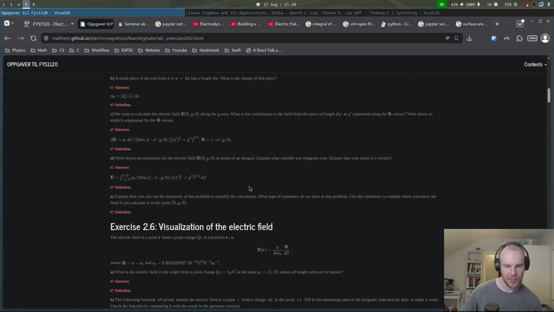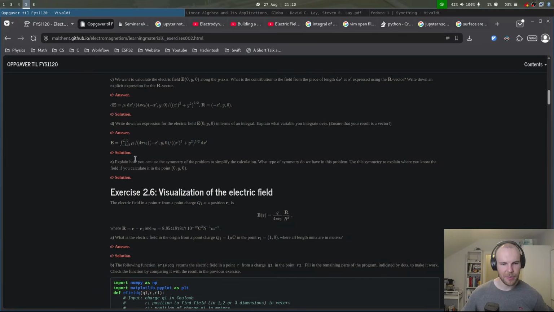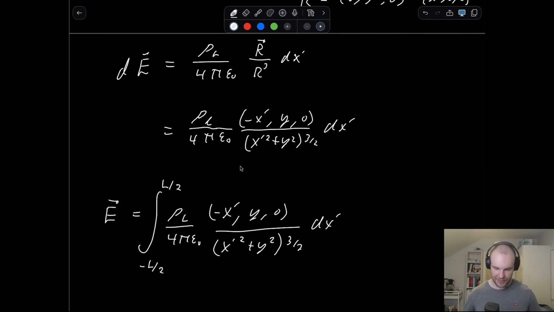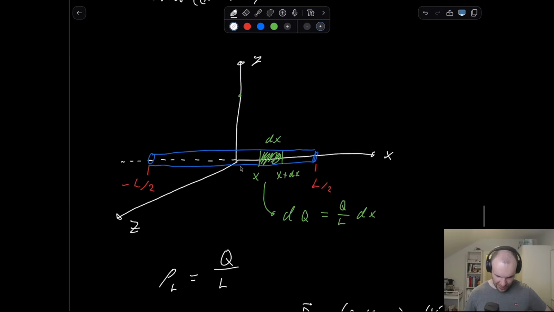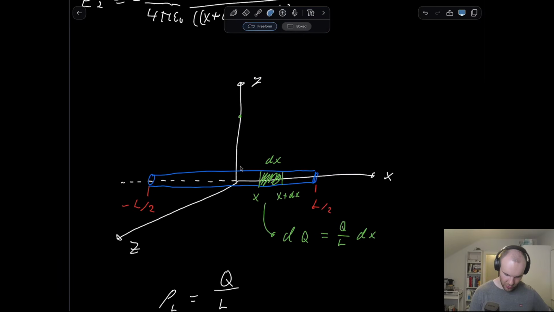That's good. Okay. Explain how we can use symmetry of the problem to simplify the calculation. What type of symmetry do we have in this problem? Use this symmetry to explain where you know the field if you calculate in the point 0, y, 0, right? And the same thing again. You could pretty much see here that I can rotate this point, you see? And I can rotate it anywhere.